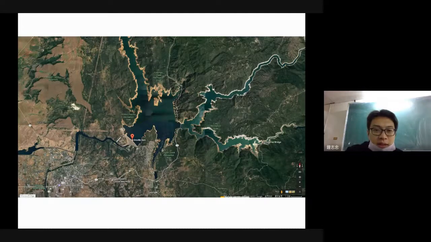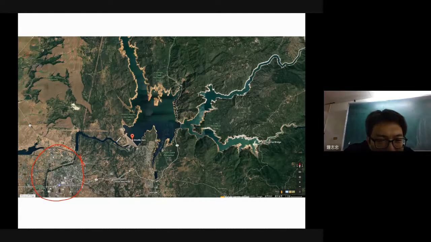So this is the dam site, and this is the spillway. You can find this is a very big dam, and of course in the downstream this is the Oroville downtown.